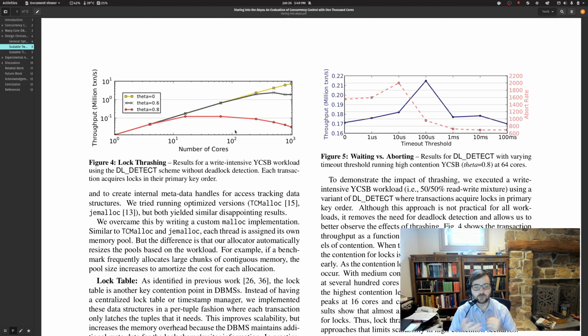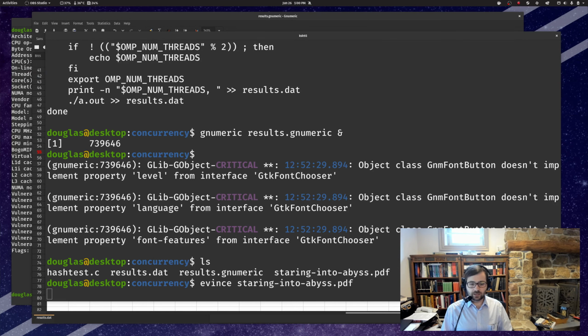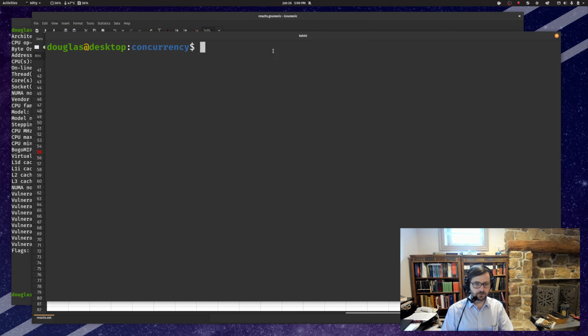So you have issues with concurrency control slowing things down. So this whole concurrency thing is a little bit more complicated than one might at first think. More threads is not necessarily more better. It all depends upon the specifics.